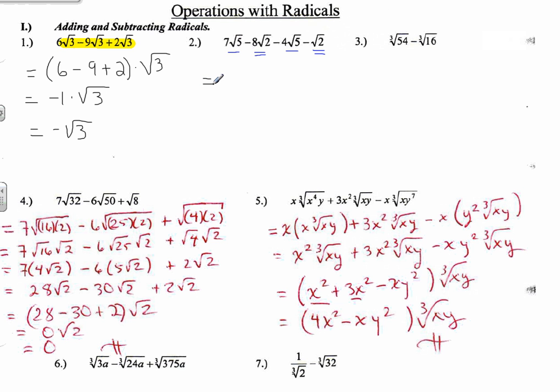We'll add the coefficients of the two radicals that have a radicand of 5. Notice that the first coefficient is 7. The other one is negative 4. Since the signs are different, we subtract. 7 take away 4 gives me 3. And then I put my common radical, which is radical 5.